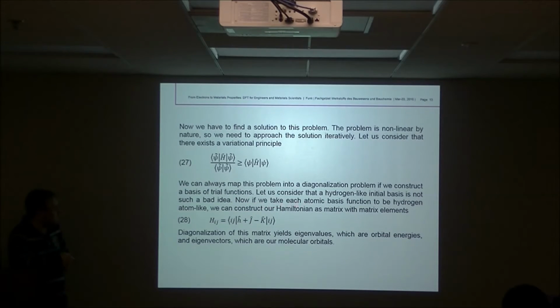So what we can do now is think of taking some kind of atomic basis function, which are hydrogen atom-like. And then we can construct our Hamiltonian. These matrix elements H_ij are all hydrogen-like basis functions. And we just need to diagonalize. And we obtain our orbital energies in the diagonal matrix, and our eigenvectors are our molecular orbitals, described as some kind of expansion coefficient times basis function.